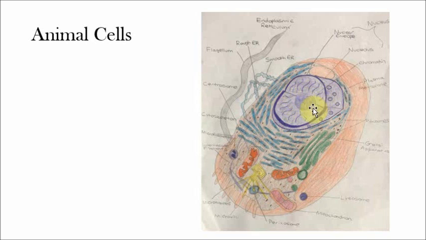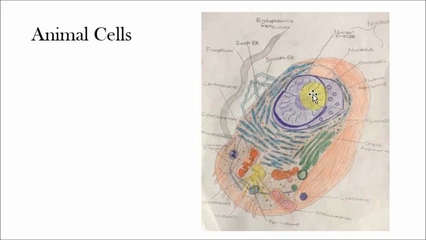Within the nucleus, you also have a nucleolus, or multiple nucleoli. This is just a region within the nucleus, and it's where ribosomes are made. We'll talk about ribosomes in just a minute. In addition to the nucleolus and the nuclear envelope, you also have chromatin.